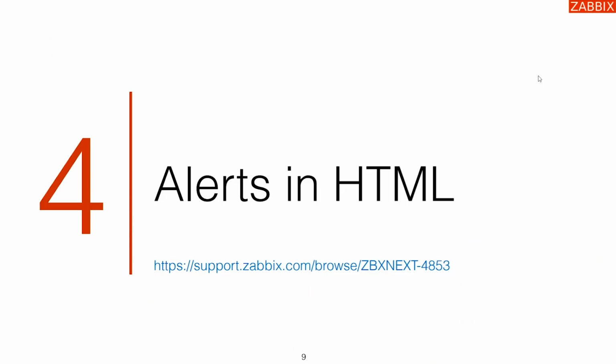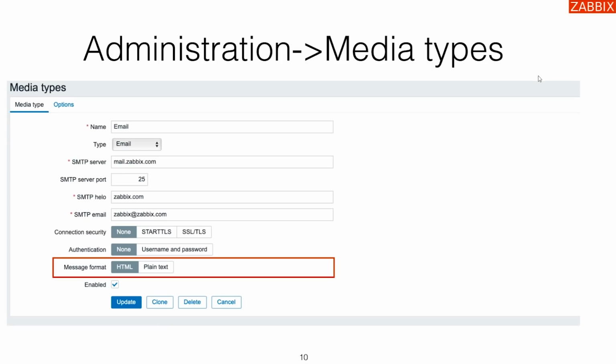Next, alerts in HTML. It's a small change, but I think it's very good, and it will look awesome in terms of notifications. Previously from Zabbix you were receiving something similar to a Notepad file: just plain text information about the problem, the trigger name, the status of the host, last values, and some other related stuff.